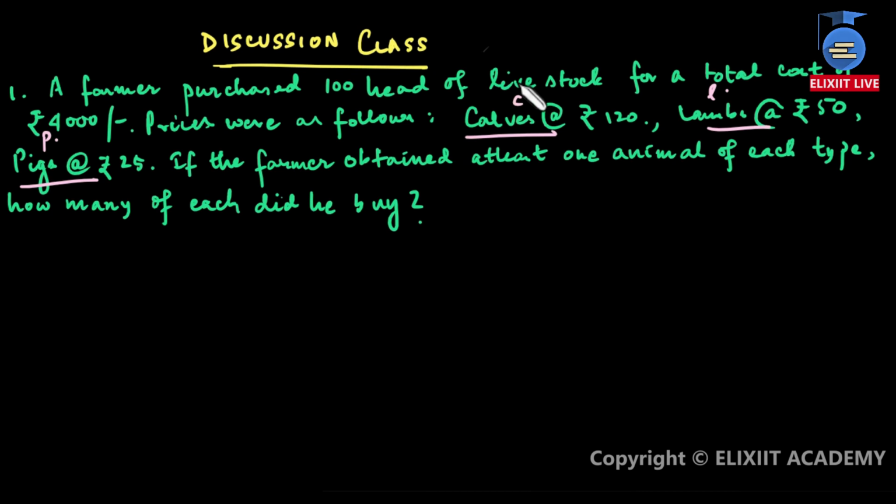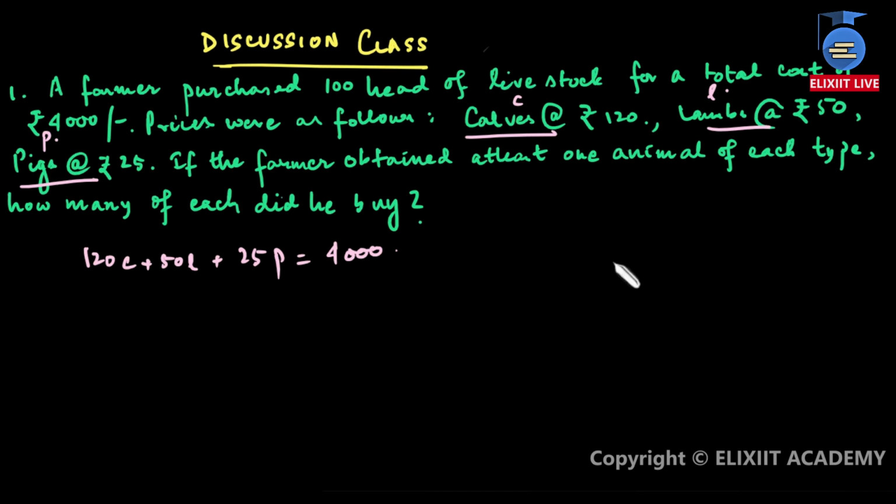Since the total cost is 4,000, you will get the equation 120C plus 50L plus 25P is equal to 4,000. That is what is given in this case.